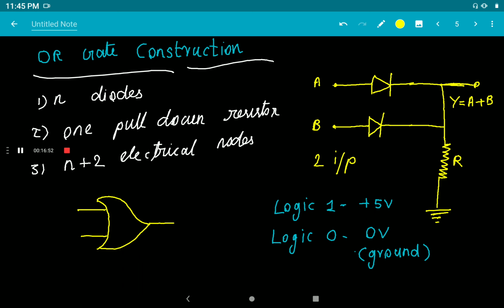To construct an OR gate with n logic inputs, we require n diodes and one pull down resistor. Pull down resistor means the resistor is grounded, so it will pull down the output to 0. And n plus 2 electrical nodes. So 2 plus 2 electrical nodes: one reference node, the output, and 2 input nodes, that is n plus 2 electrical nodes, there will be 4 nodes.